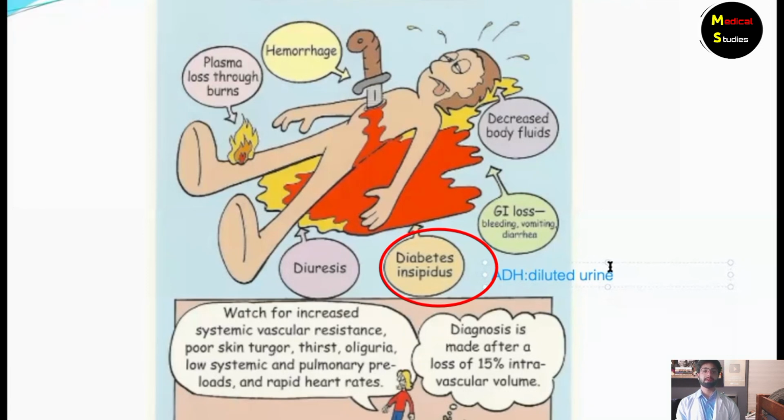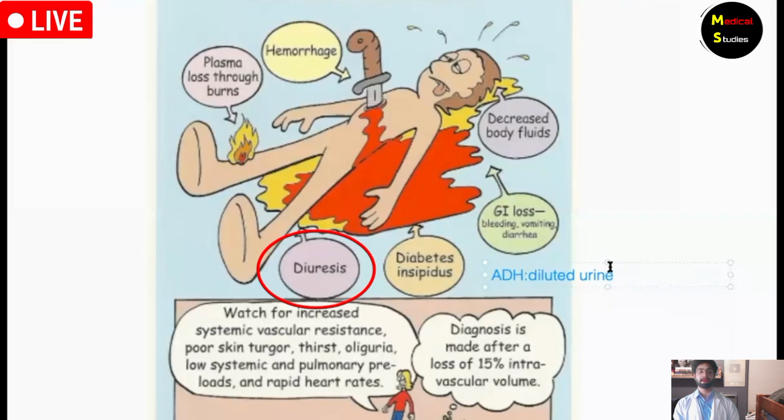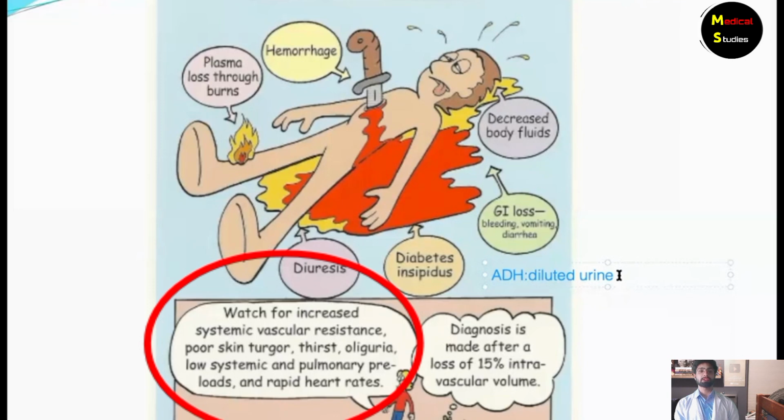After this, another cause is diuresis. Now what do we mean by diuresis? Excessive diuresis, for example when we give powerful diuretic drugs like loop diuretics, can also result in decreased fluid volume. Now next we discuss how to make the diagnosis. It is very nicely mentioned here.